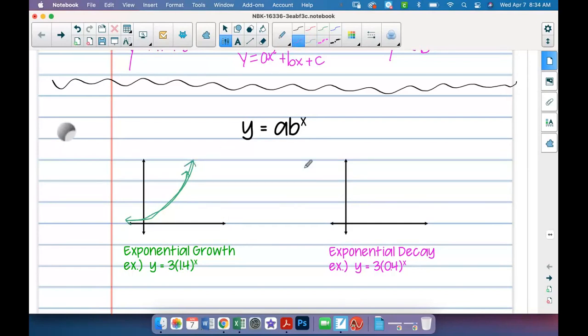And then the exponential decay would be similar to this. Okay, so that's the difference between the two. That's how they look on a graph.